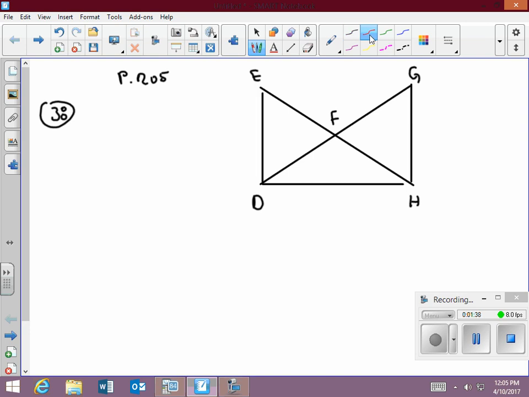So what we're trying to prove in this is that angle GBH is congruent to angle EHD.